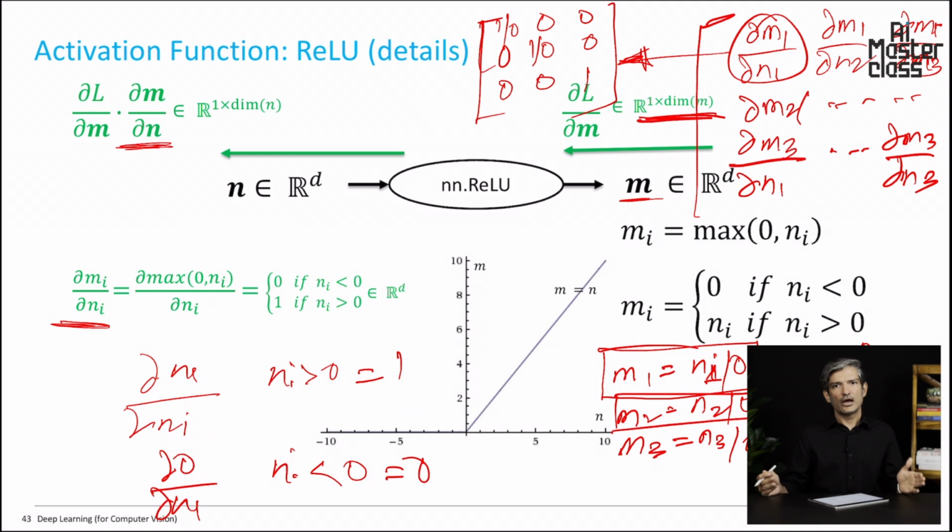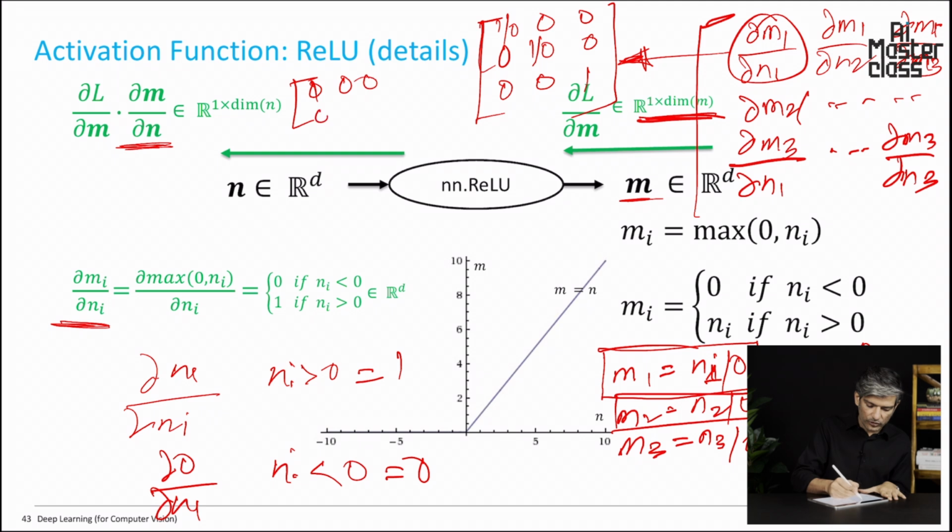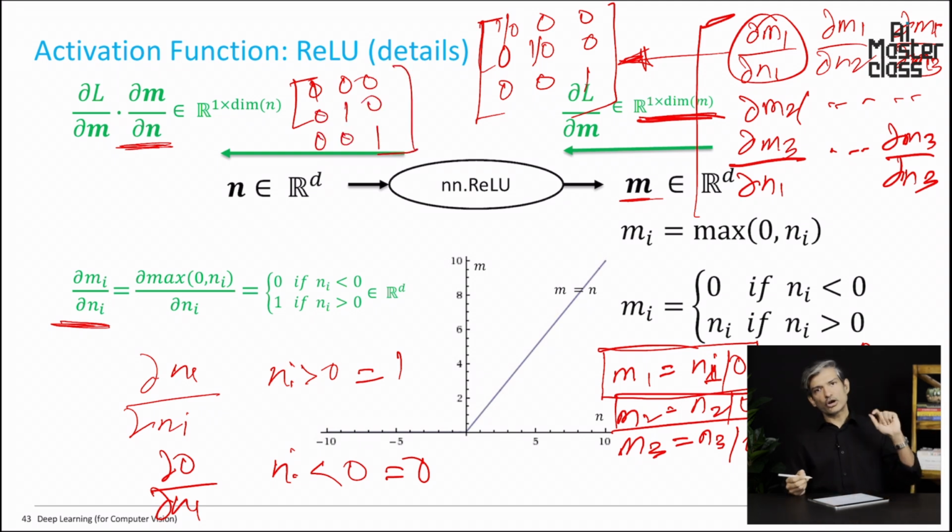Output is always 0 or more because we are gating it. Your matrix may look something like 1 0 0, 0 1 0, 0 0 1. It will look like this if all your inputs were positive, but let's say your second input was negative, so your Jacobian matrix will look like this.